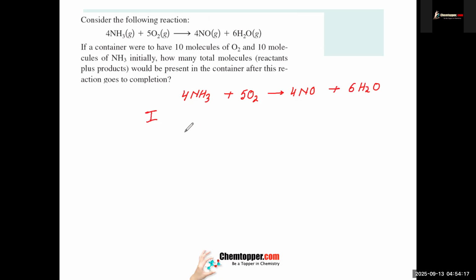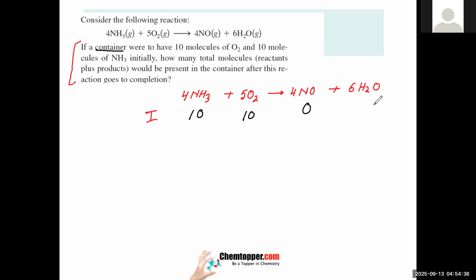Can you tell me how much O2 is given? Read the question. 10 molecules. And how much ammonia? 10. And how much NO in the container? 0.